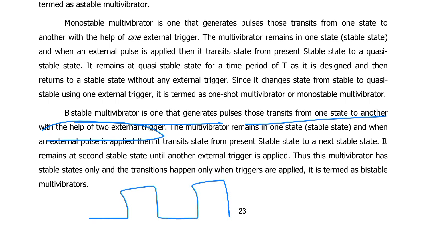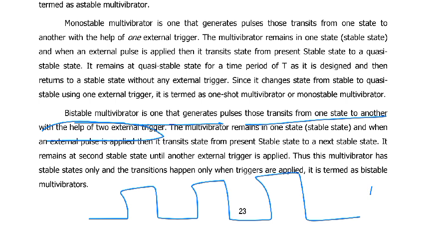If the multivibrator goes to one state, it stays in that state for a long time until we apply an external trigger. So two external triggers are required because both states are stable. For one state to another, triggering is required.